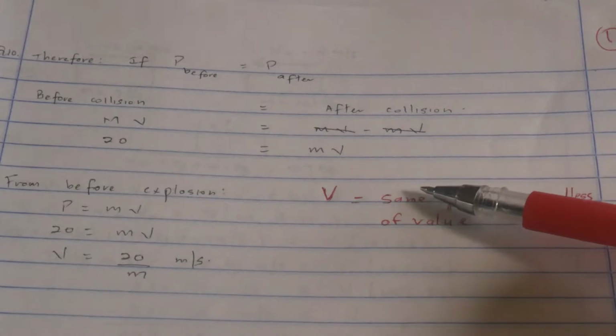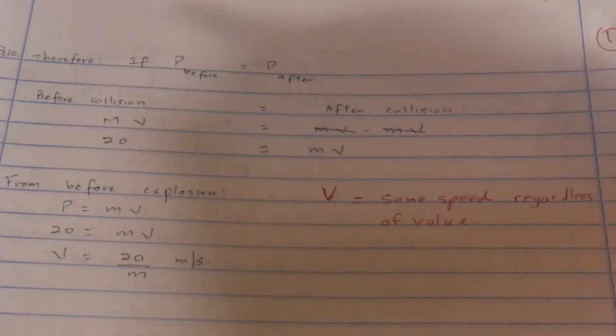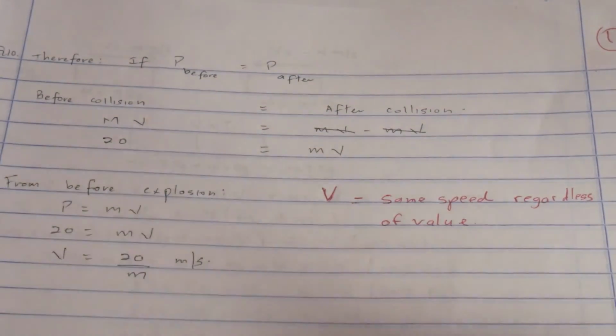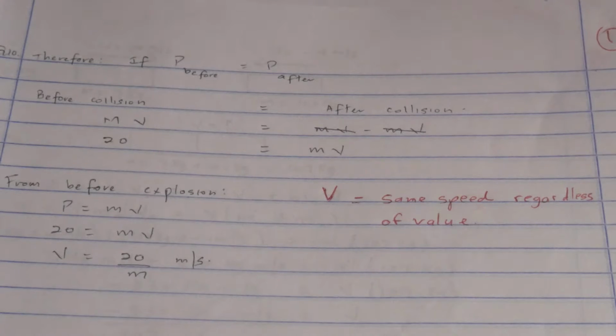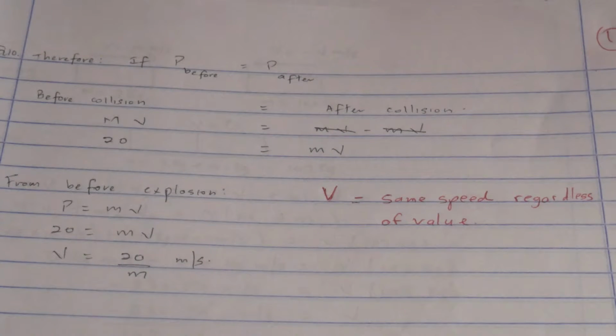It will be the same speed regardless of value, because total momentum before collision must equal total momentum after collision. The total momentum before collision must equal 0, so after collision must also be equal to 0. So whatever mass it is going to, whatever velocity, one will be going to the left and the next one to the right, but it will always cancel each other to give 0.